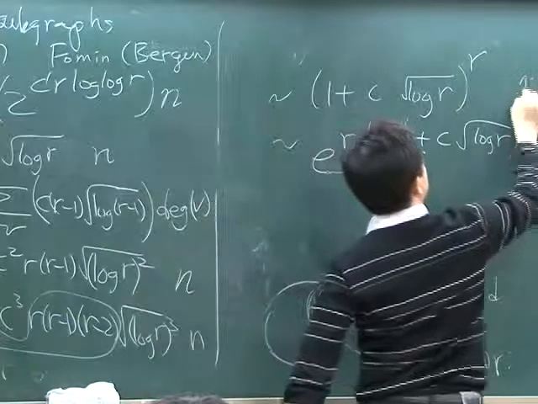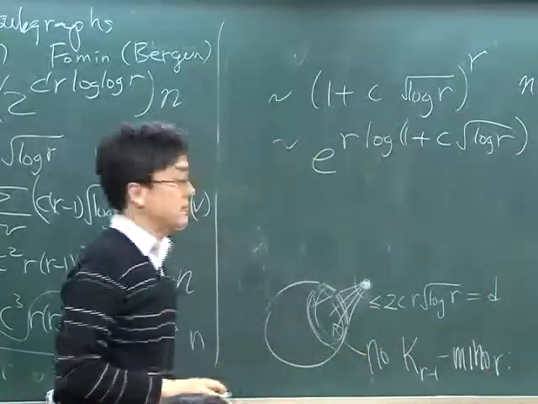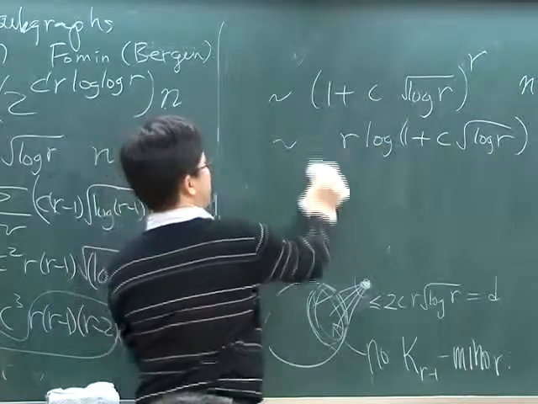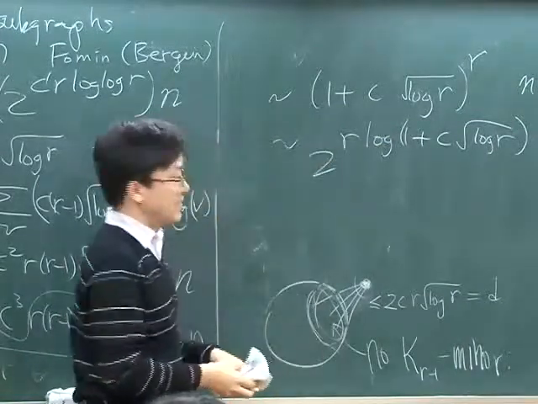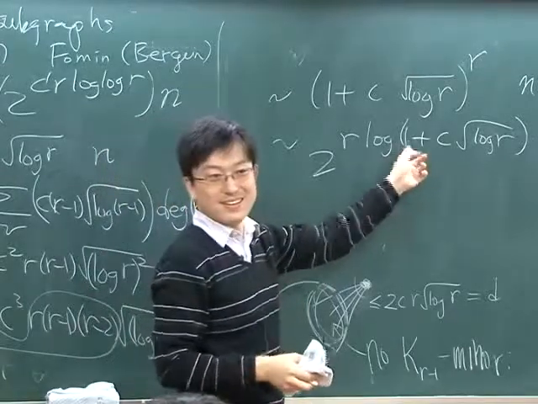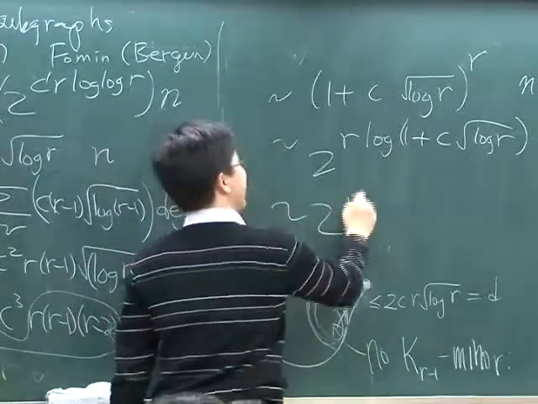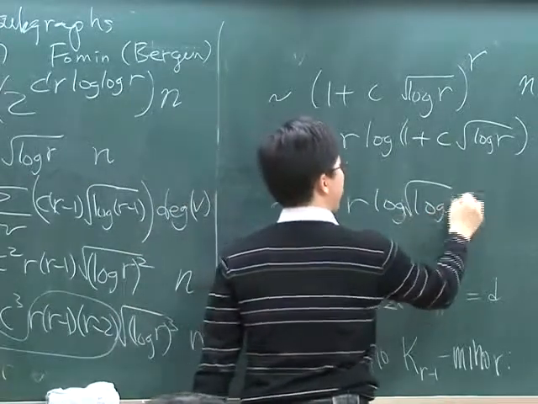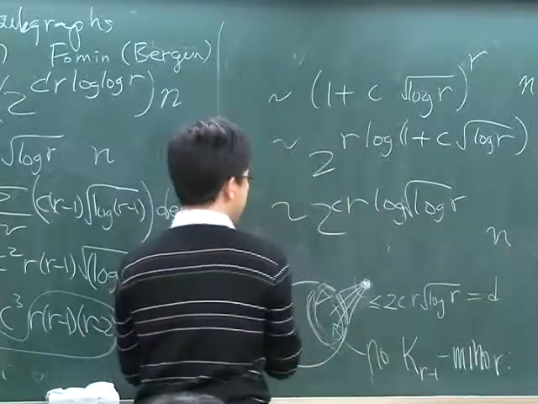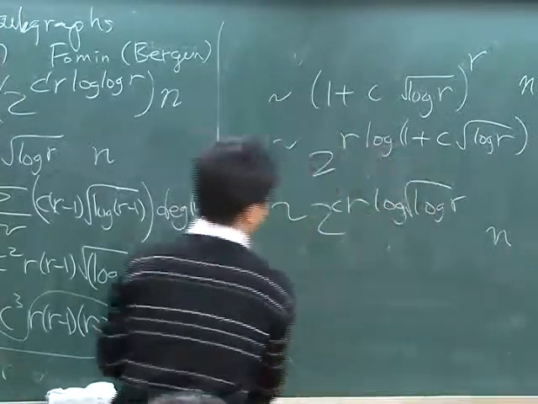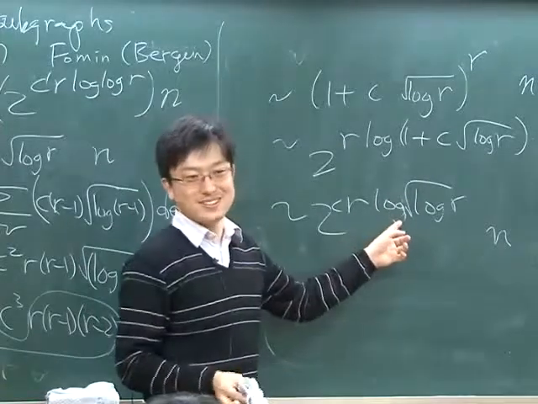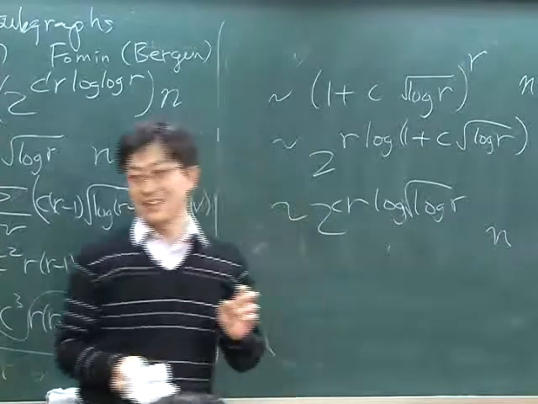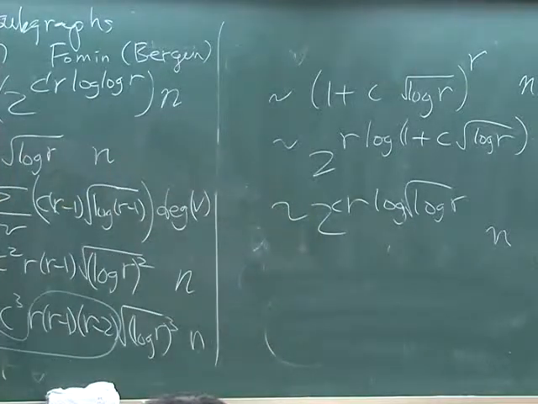Oh yeah, I have n here. And let's replace e by 2, and let's ignore this 1. So that's 2 to the r log square root log r times n with a certain constant. So this is, log of square root of log r is log log r, right? So you can get the desired result.